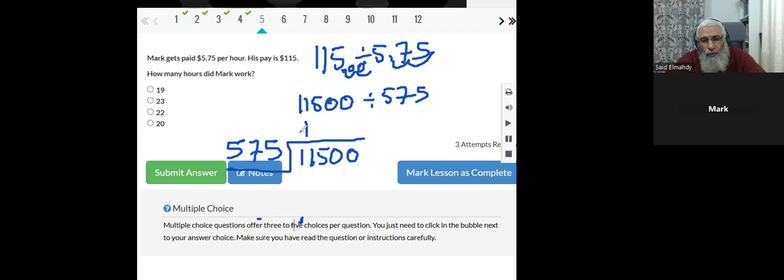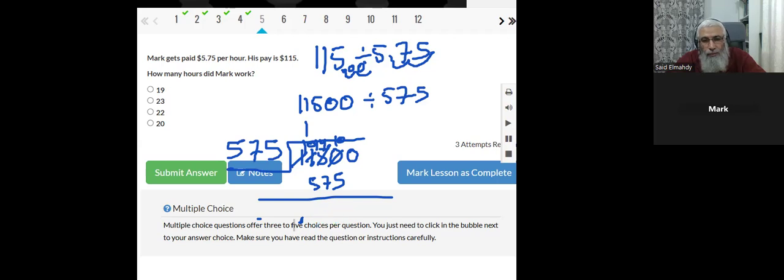So it is 1 multiplied by 575, which is 575. You subtract this. So this will be 10, this will be 4, 14, this will be 0, 10. 10 minus 5 is 5. 14 minus 7 is 7. And 10 minus 5 is 5. Okay, so it is 20 there.